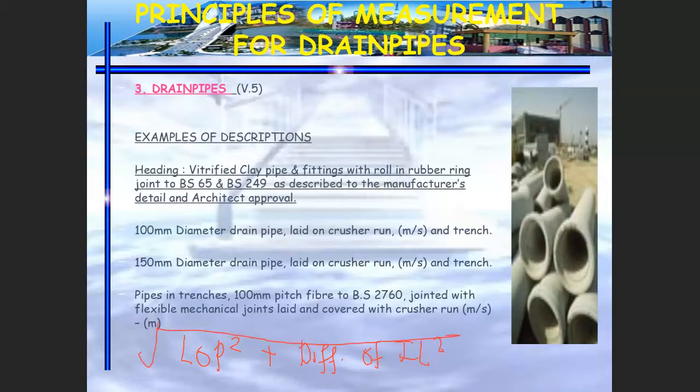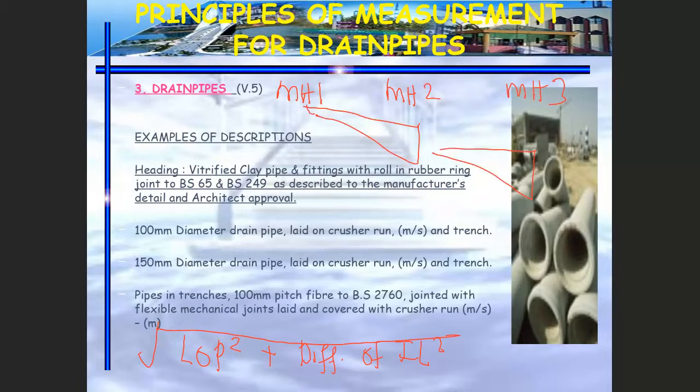You have to get this for different manholes. This is manhole number 1, this is manhole number 2, this is manhole number 3. So each manhole run has its own triangle, and after that you can total up.